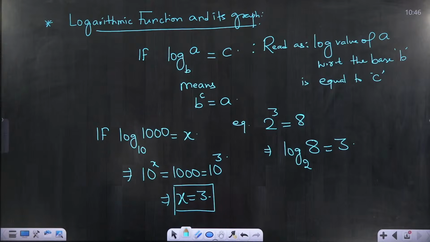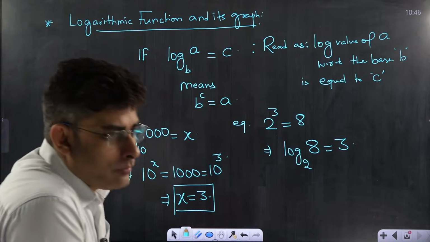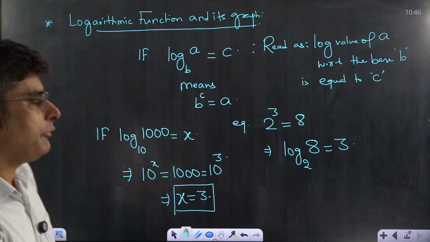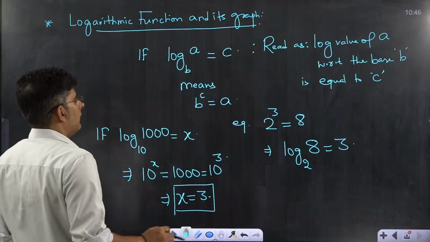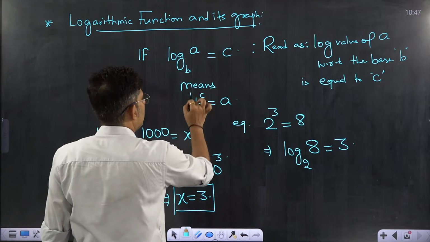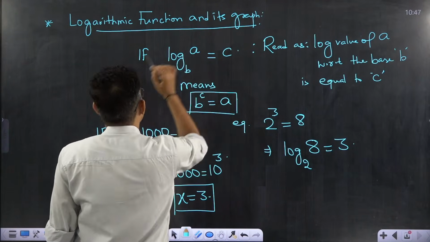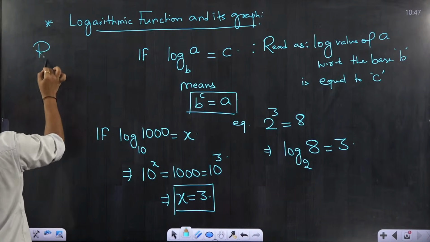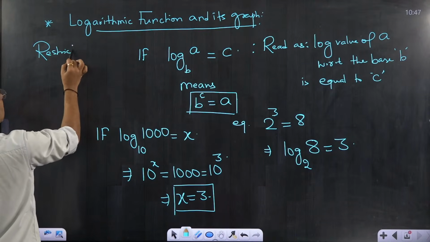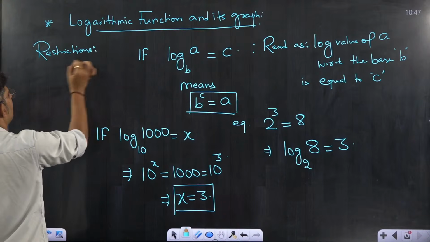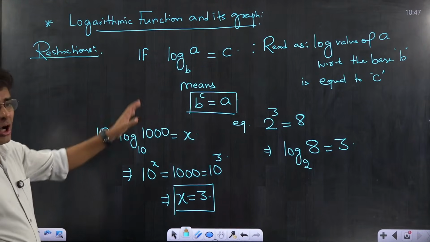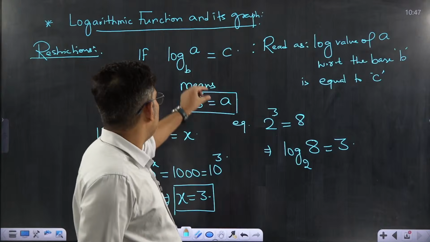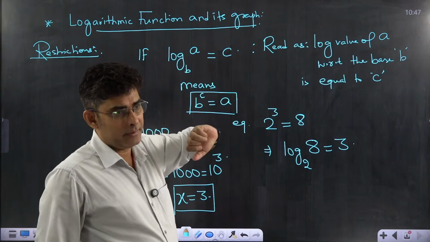But there are some restrictions. There is no other form. This is the only form. Mind it. What is the restriction for log? Log can be calculated only for positive quantities.